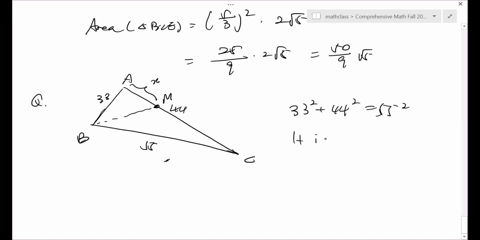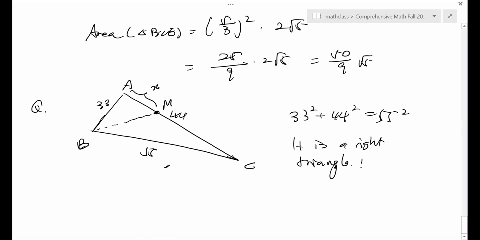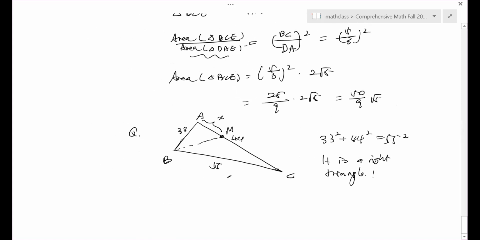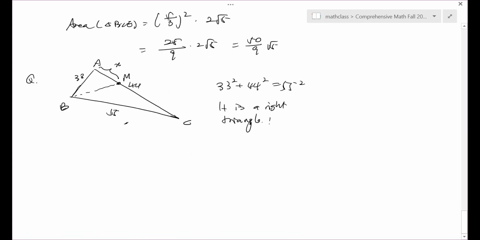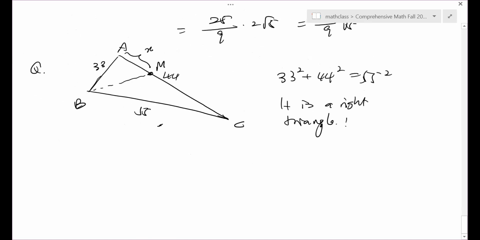So it is a right triangle. Right. So what can you work out? All right, so this is a bisector, right? Alpha, alpha.